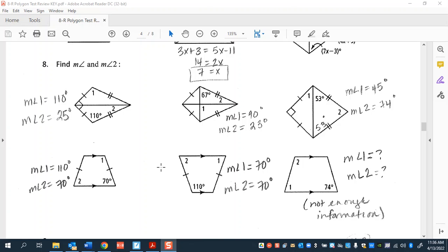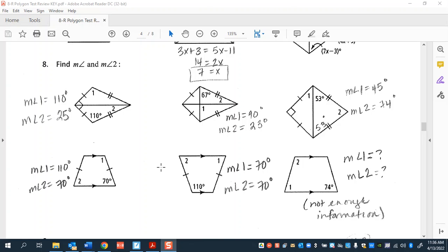These angles are congruent. These angles are bisected. These angles are not congruent. These angles are not bisected. So it's real important that you understand that distinction. And the good news is in a kite, you can sketch it and kind of see it.